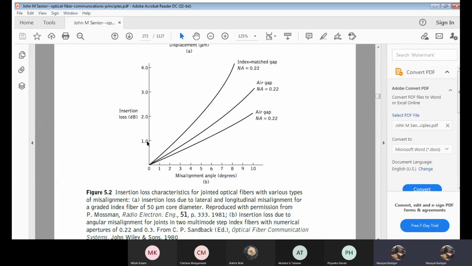Now see the loss with respect to core, it is more. As I already mentioned, with respect to the cladding part, usually we try to ignore it. Not exactly ignoring, we just put it secondary. Only with respect to the core, where we are trying to match the gap, that is index matching, core to core, with air in between. That air gap we are trying to ignore.